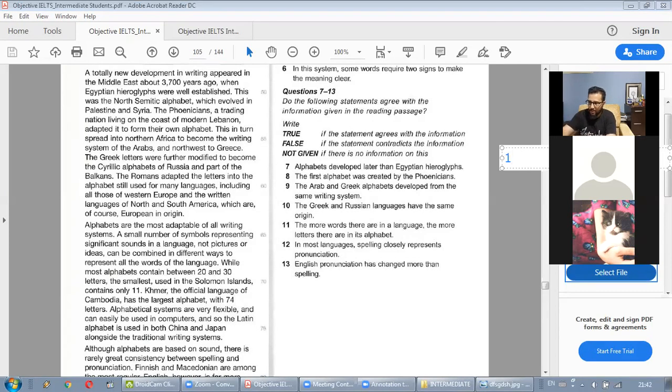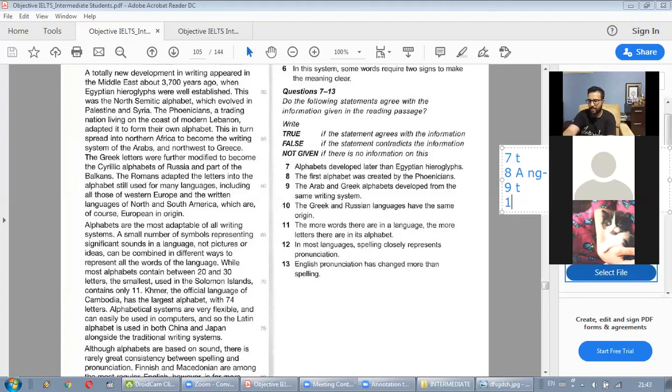Okay, so 7 is true. What about 8? Not given. What do you think, Rima? False. Okay, so Aya says not given, and Rima says it's false. What about 9? True. True. Okay, there's agreement.